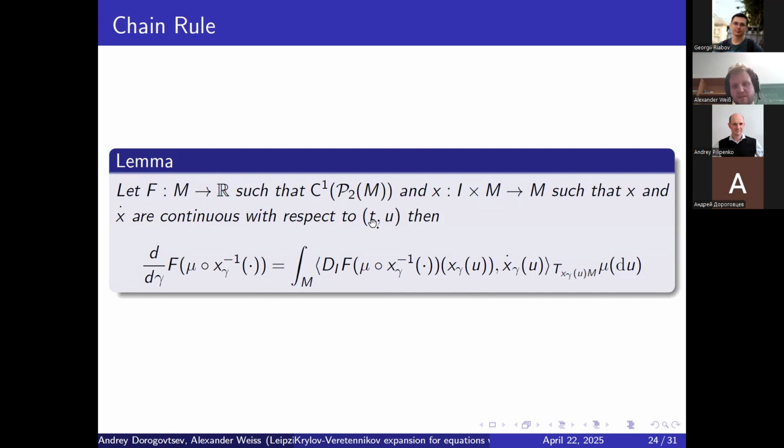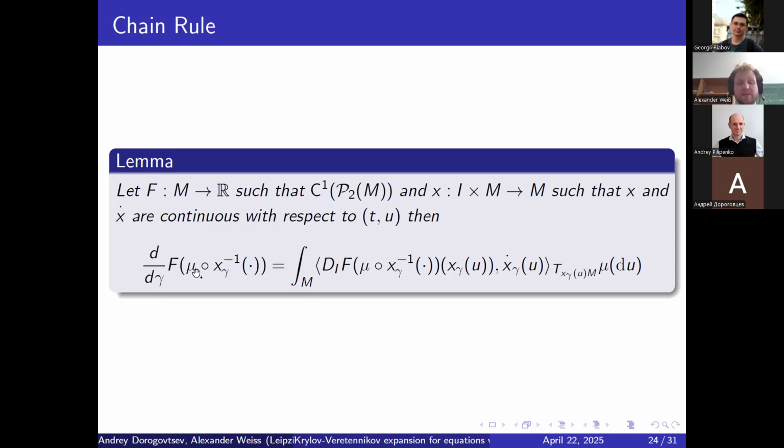For simplicity, I've written down here R, but you can also look at Rn, for example, which is the space we would need the chain rule in the proof for. And we look at a function from some interval I times m into m, such that x and x dot, which is the time derivative of x, are continuous with respect to time and space.